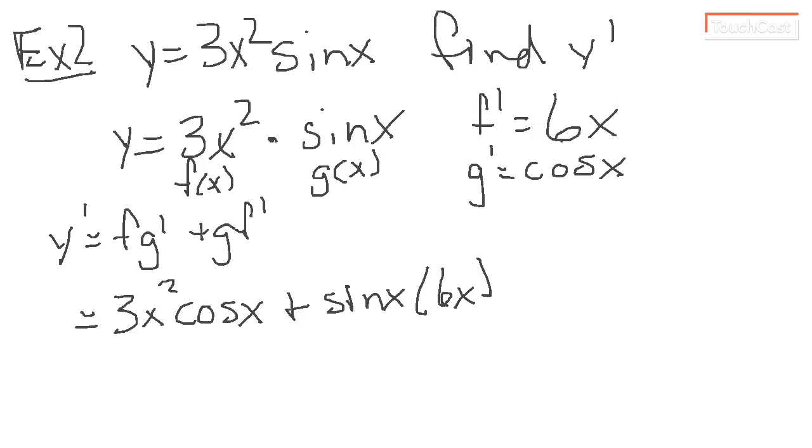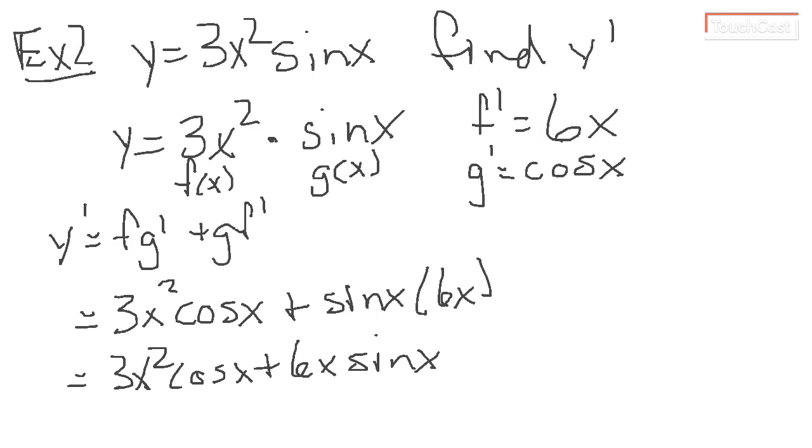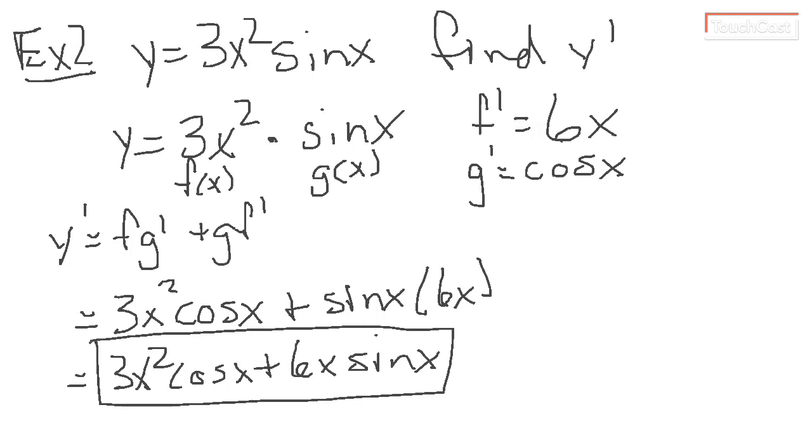So now let's just clean it up. We're going to have 3x squared cosine x plus 6x sine x. And we could be done here. This is perfectly acceptable. If, however, you do notice the two terms have something in common, you could also factor it out. They do happen to have a 3 and an x in common, so let's just try factoring that out.